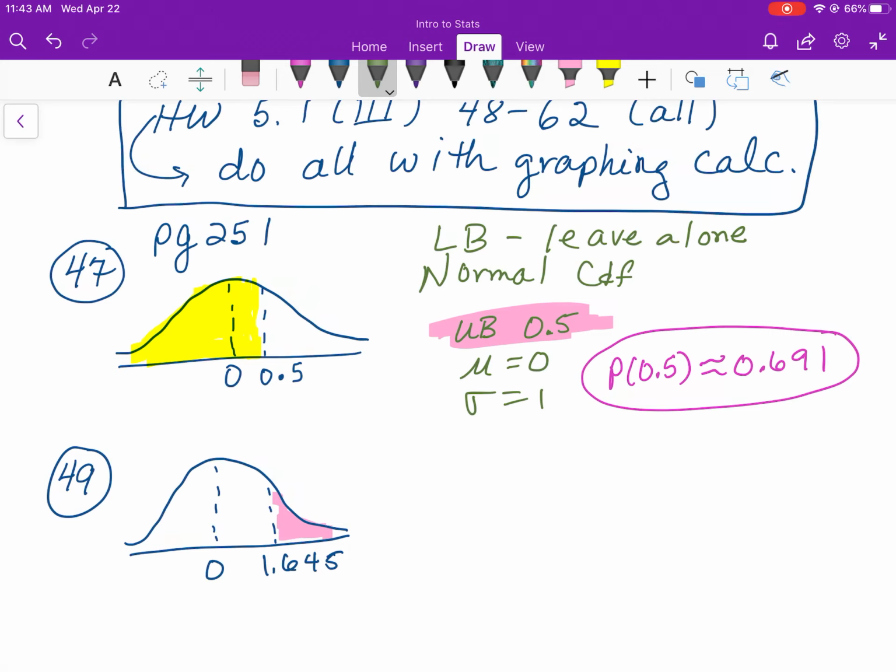So in my calculator, I'm going to go 1 minus, and then menu 552, leave the lower bound alone, change the upper bound to 1.645, leave the mean and standard deviation alone, hit OK, and subtract that probability from 1.